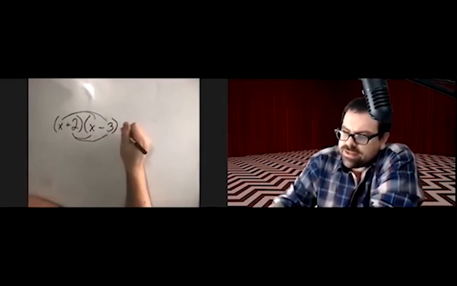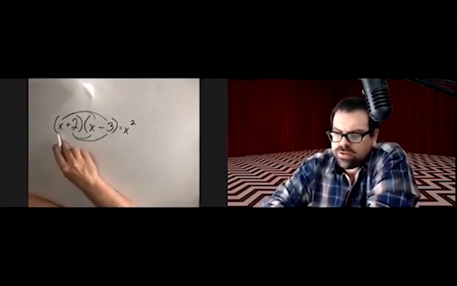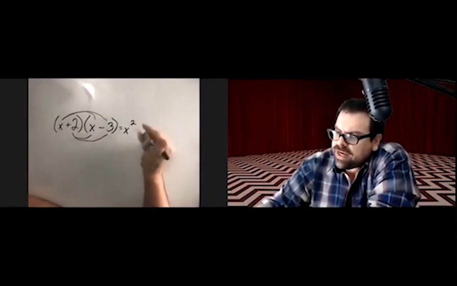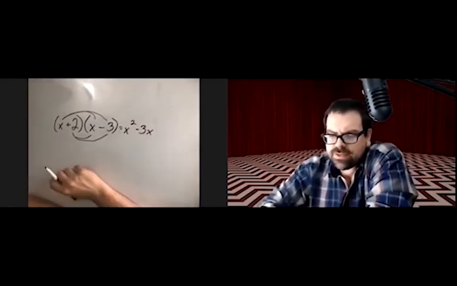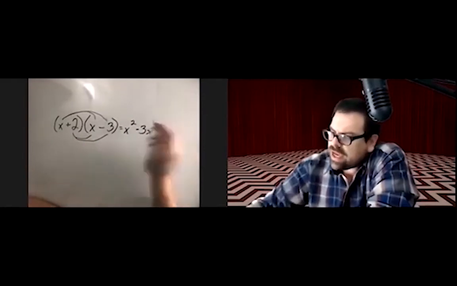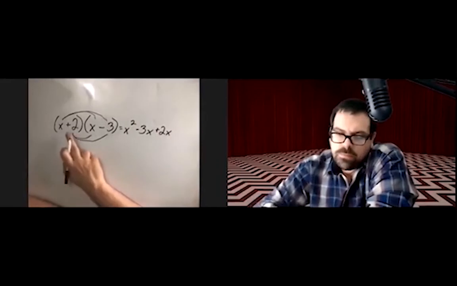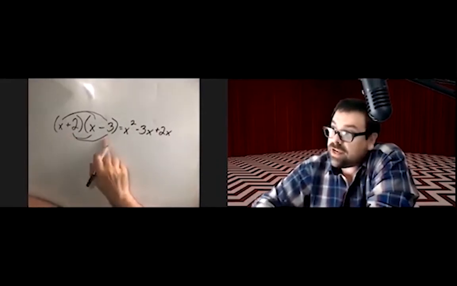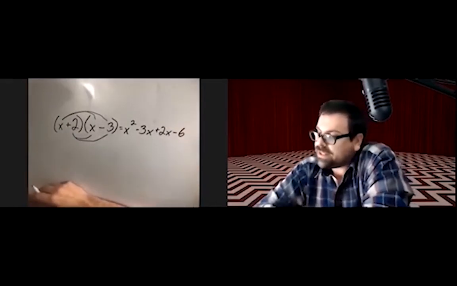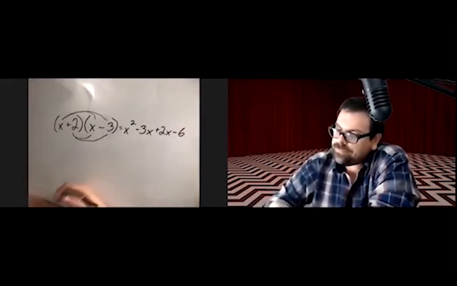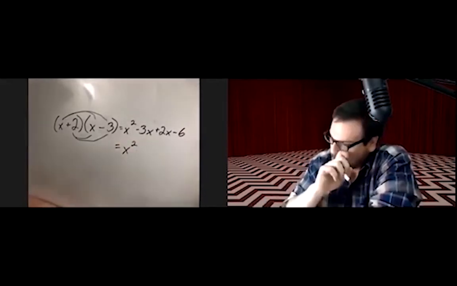X times x is x squared. X times negative 3 is negative 3x. Positive 2 times x is plus 2x. Positive 2 times negative 3 is negative 6. Combine like terms.